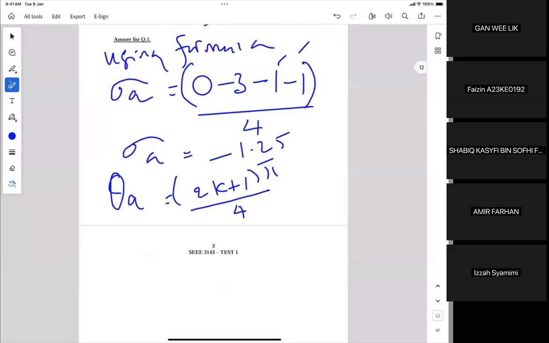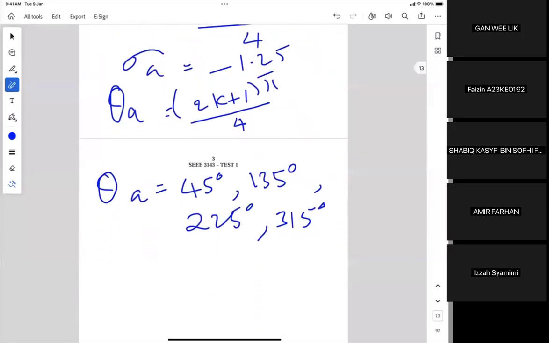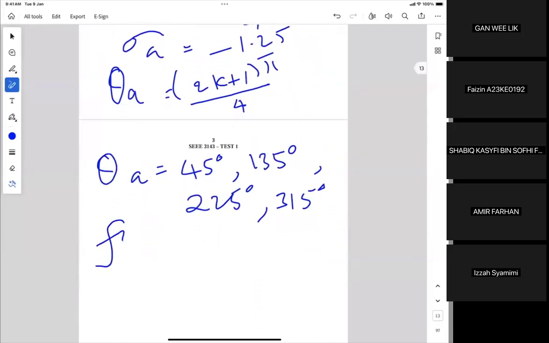So you will get theta A is 45 degrees, 135 degrees, 225 degrees, and 315 degrees. Okay. This one is for k equal to 0, 1, 2, and 3. Okay, where you insert the values inside the k.